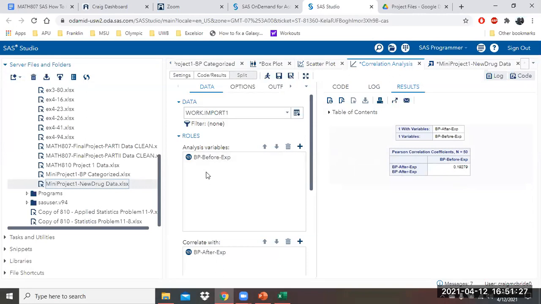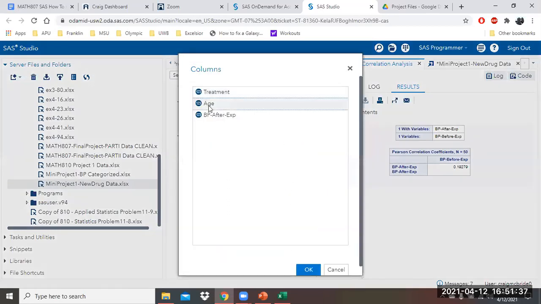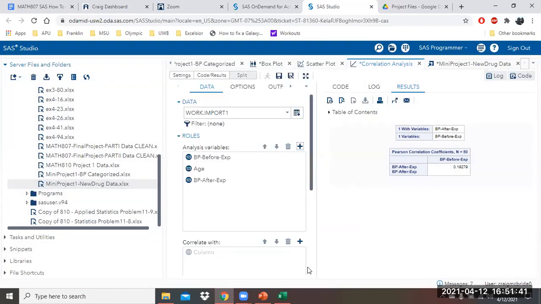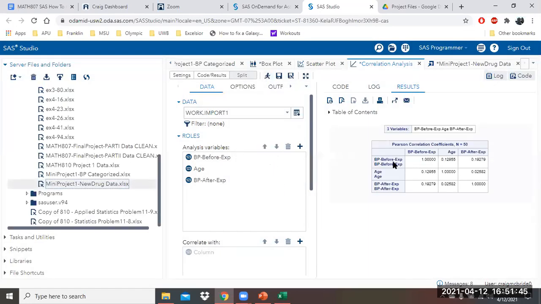What this does is it allows you to compare correlations between a lot of things. So, for instance, let's put in age and BP. Now we're going to get a 3x3 table. This first square is the correlation between BP before and BP before, which of course is a correlation of 1.